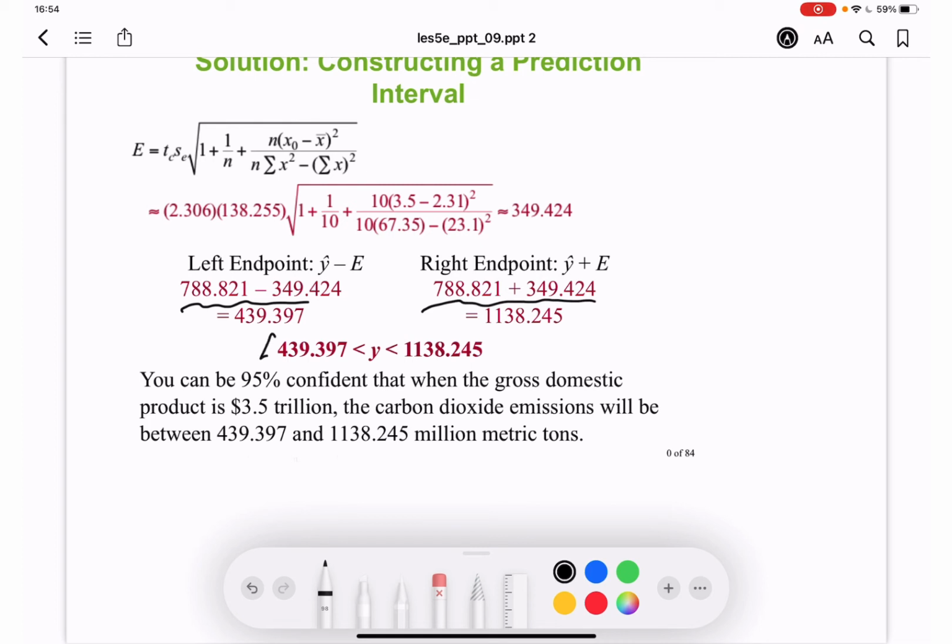And we are getting for the 95% confidence interval, we are saying that for 3.5 trillion of gross domestic product, the carbon dioxide emission will be between 439.397 and 1138.245.